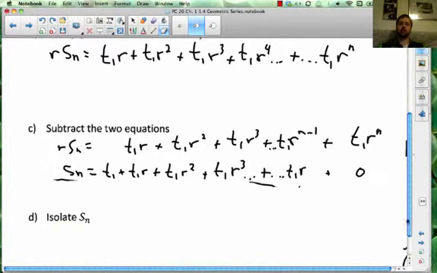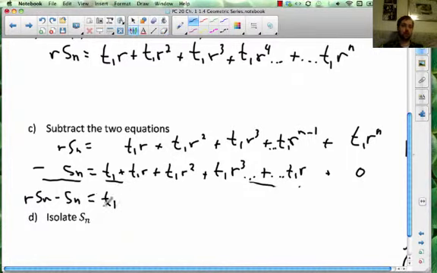When we subtract these things, you notice that there's a whole bunch of common terms that are going to cancel off. So let's start with over here, r Sn minus Sn on the left side. Okay, so it looks like that. Now on the right side, we have nothing minus t1, and that would give us a negative t1.